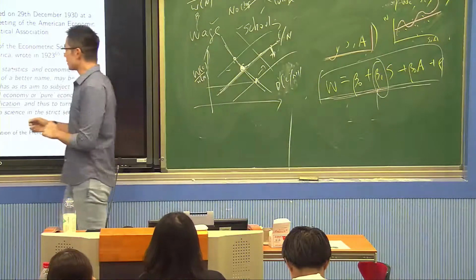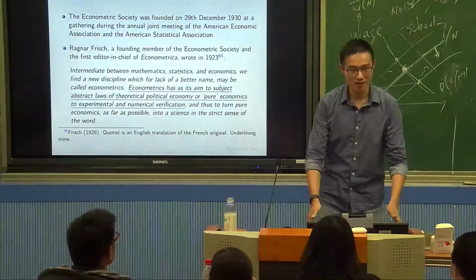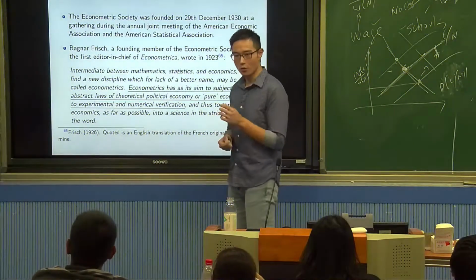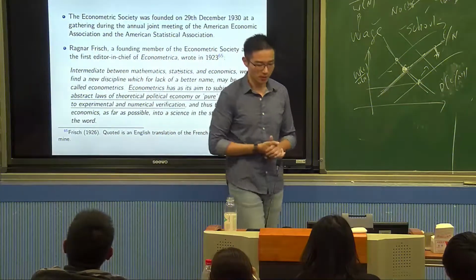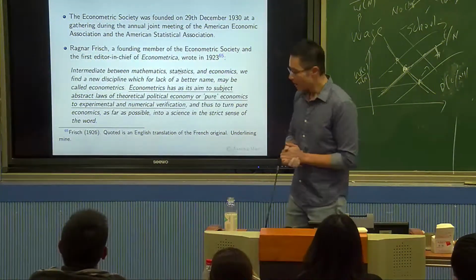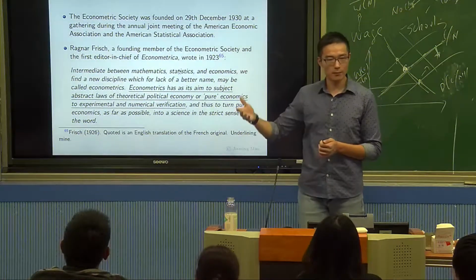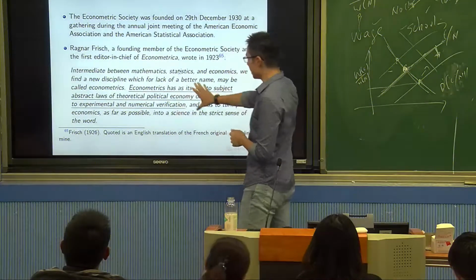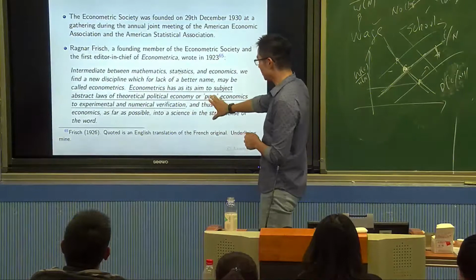But before continuing on structural econometrics, let me say something about econometrics as a word. The word was coined by Ragnar Frisch, one of the founding fathers of the Econometric Society. This is what he said in 1933 when he became the first editor of Econometrica: econometrics has as its aim to subject the abstract laws of theoretical political economy to experimental and numerical verification.